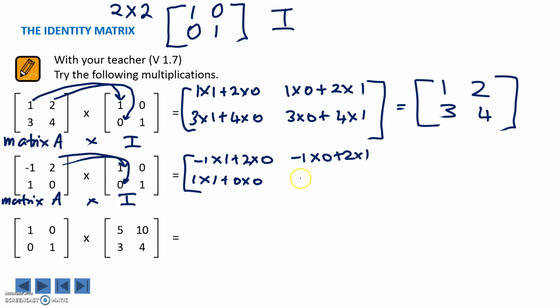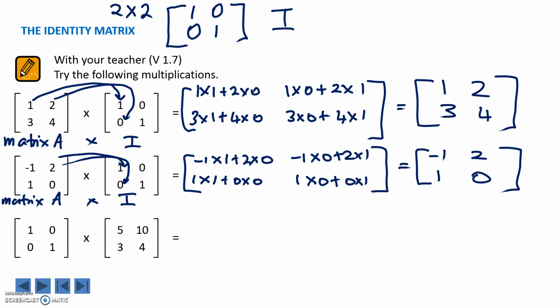So hopefully you are really confident with this pattern now. Let's solve it. Minus 1 plus 0, 0 plus 2, 1 plus 0, and 0 plus 0. And that's the answer to our second problem.